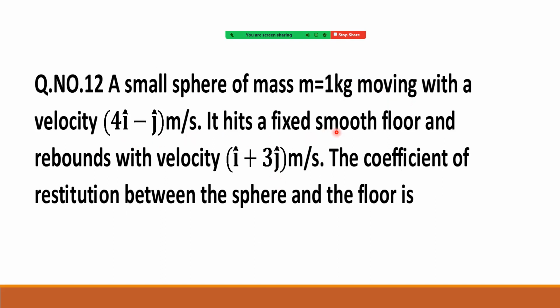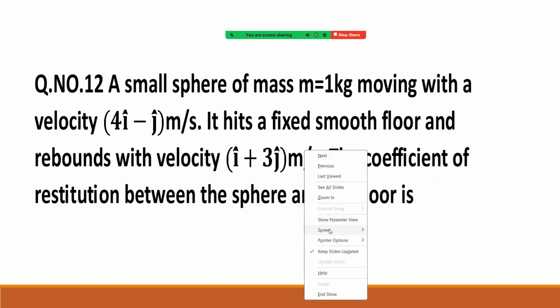It hits a fixed smooth floor and rebounds with velocity i cap plus 3 j cap meter per second. The coefficient of restitution between the sphere and the floor is. See here, we have to find out velocity components. Okay, let us see how we calculate.